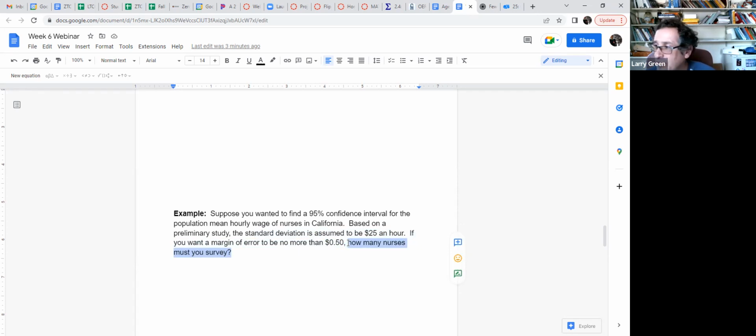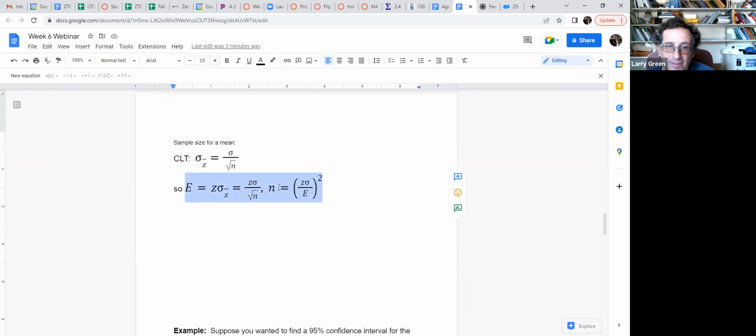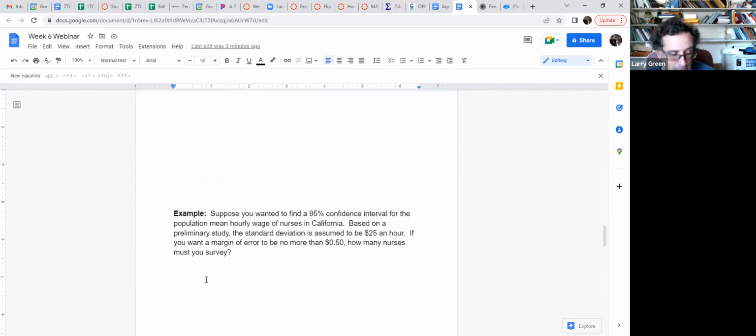Okay, so there's a couple ways of doing it. One way, I'm going to do it this way just to show you, is we have this wonderful formula right here. I'm going to copy and paste it over here. As I mentioned, with 95%, it's 2 or 1.96 to 2 decimal places, times sigma.